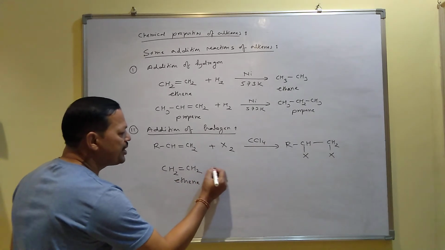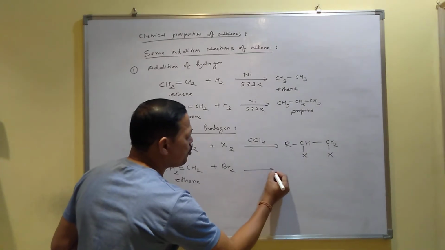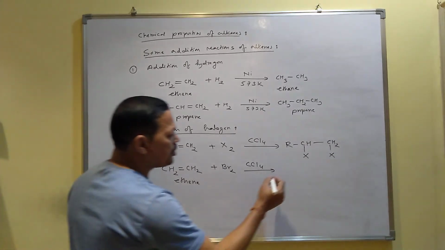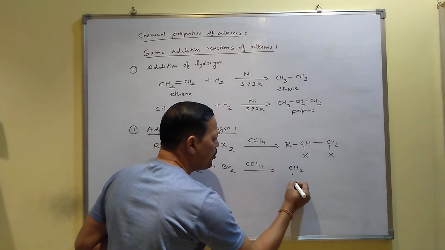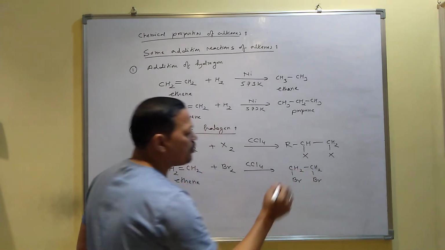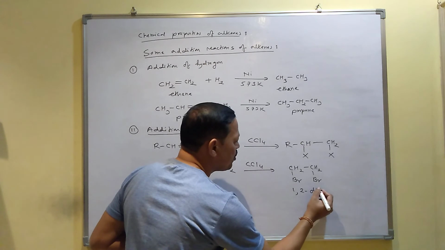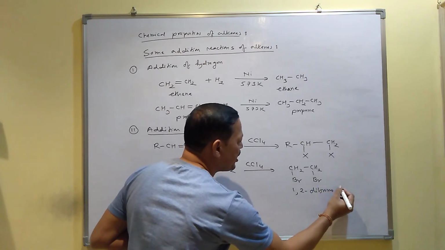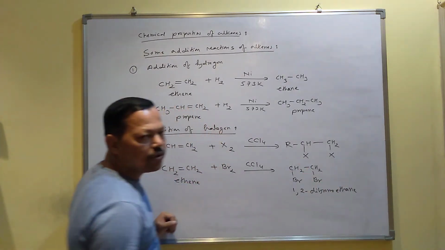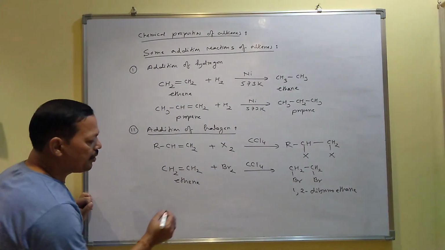When ethene is added with bromine halogen, in presence of carbon tetrachloride, then both the double bonded carbons will join with 1 bromine each like this, and the double bond is converted to single bond. I mean, you will get the product 1,2-dibromoethane. This is a carbon-carbon single bond, that's why it converts to alkane. That's why it is called ethane, 1,2-dibromoethane.